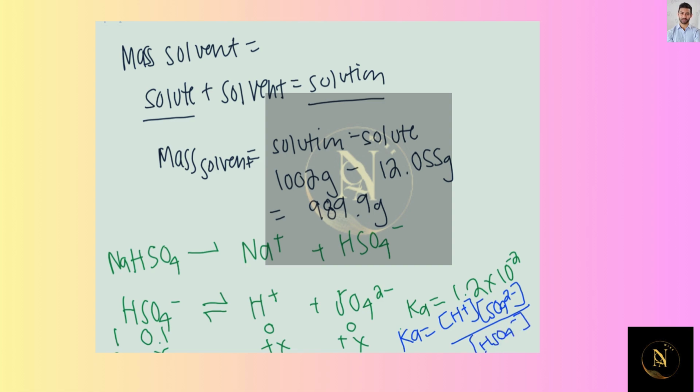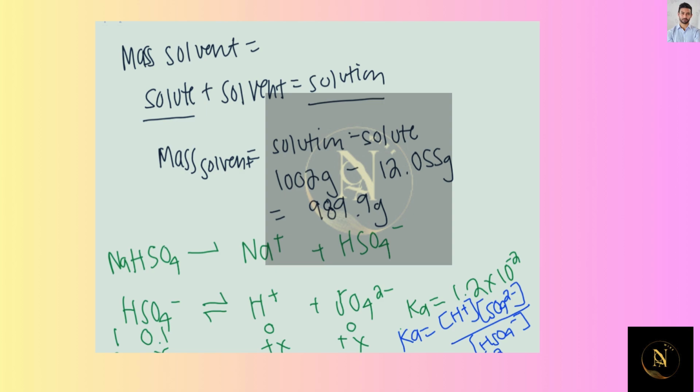When we plug that all together, we get 1.2 times 10 to the negative 2 is equal to x squared over 0.1 minus x.